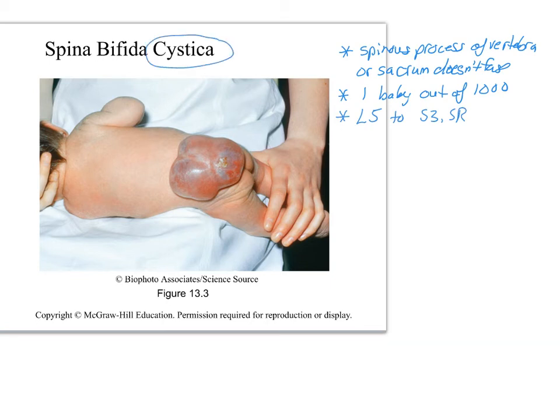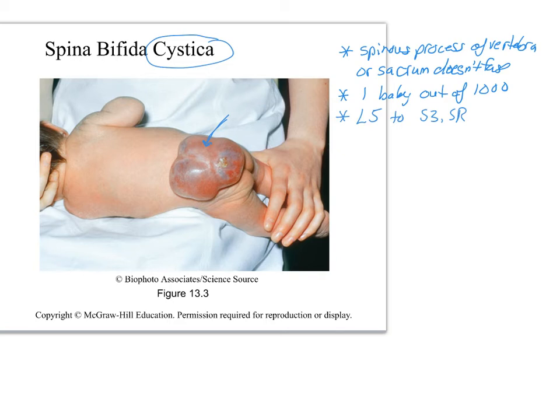This right here is an example of the most severe form. This is Spina Bifida Cystica. And this is basically the dural sheath that's poking out. It's filled with cerebral spinal fluid. And the reason it's such a big concern is because spinal nerves will be in there and those can be compressed. Also, this bag can be ruptured and then all your cerebral spinal fluid leaks out and you die.